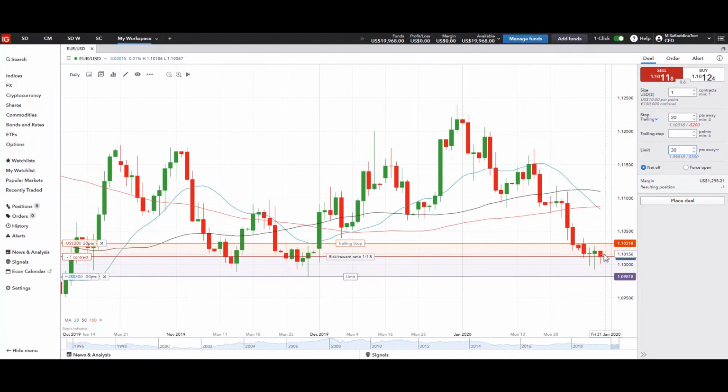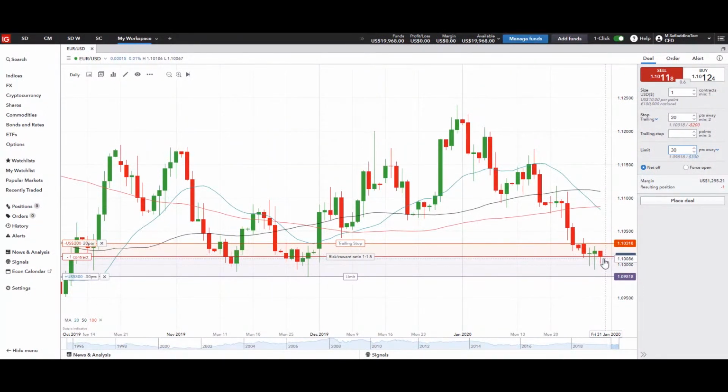So when market is going down, because it's a sell position, when it's going in your favor, a lot of times you don't want to miss out if it's going to go back up. You want to lock in that profit. So how do you lock it in? Well, you put this trailing stop in, and when the market goes in your favor by a certain amount, that trailing step, then that trailing stop starts to move up.